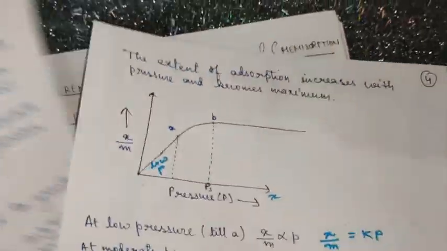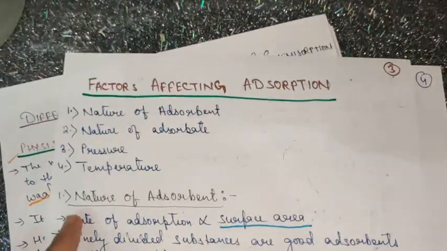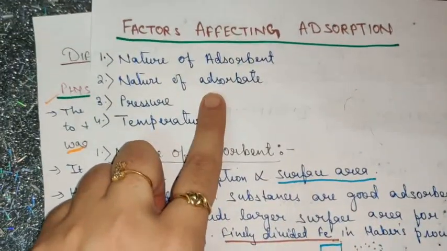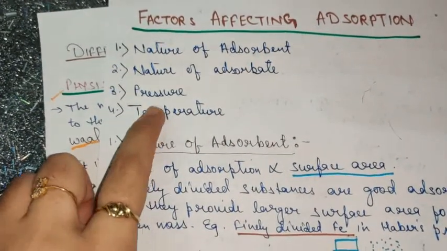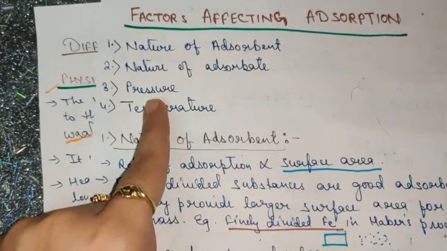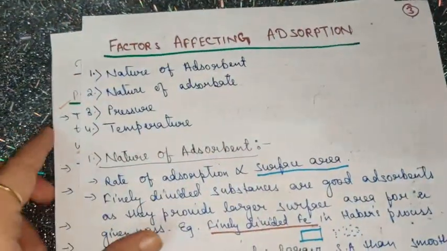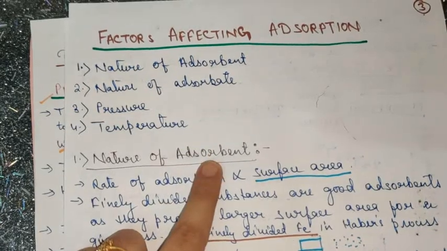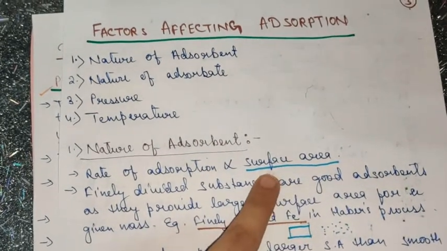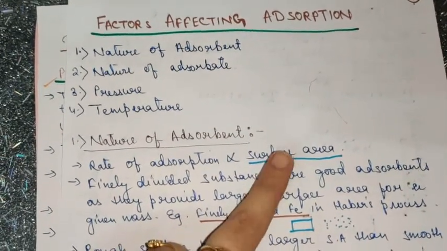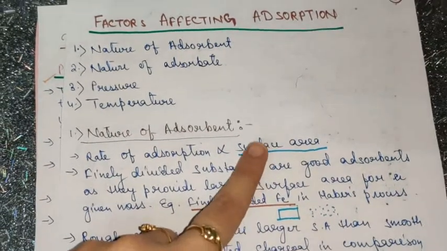So under the factors, children, we have done the nature of adsorbent, the nature of adsorbate, and temperature is also covered, and pressure also up to a certain extent. And for the nature of adsorbent, what is the main factor? The surface area. Surface area is more for finely divided substances and also for rough surfaces.